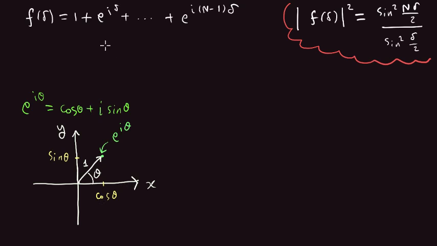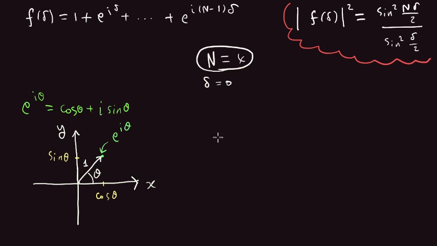So then, adding these complex numbers is equivalent to adding n vectors. All of them are unit magnitude, and you're basically adding them. So let me demonstrate this to you in the case of n equals 4, because that's a pretty simple case to examine. So let's say that n equals 4, and you start from delta equals 0.